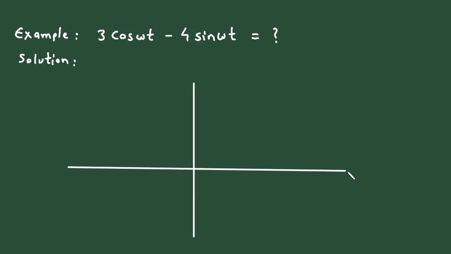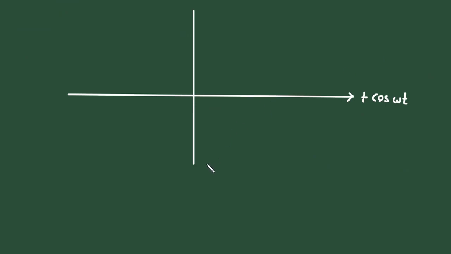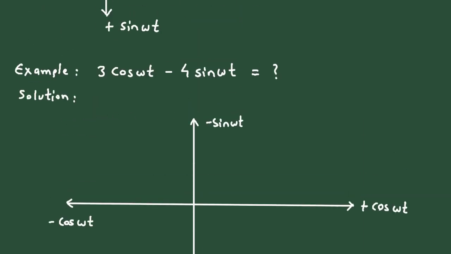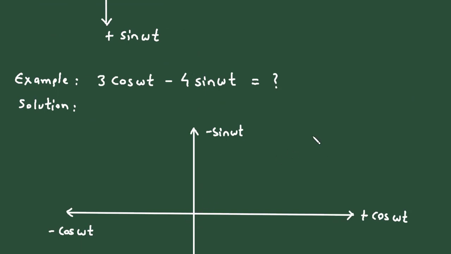It will be something like this. This is plus cos omega t and this is plus sine omega t. Now this will be minus sine omega t and this will be minus cos omega t. And here this is 0.